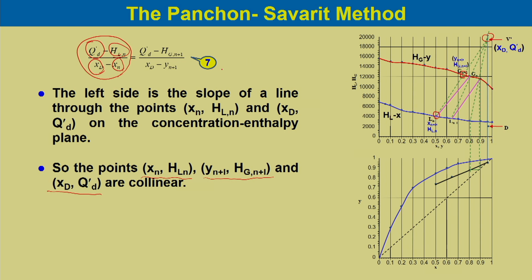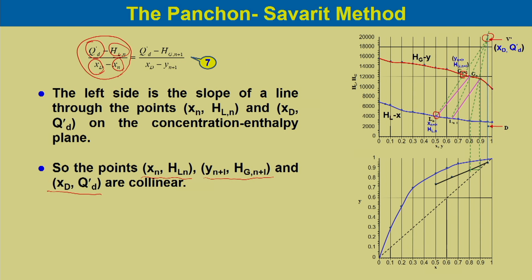because equation 7, which is developed for the rectifying section considering the overall mass balance, species mole balance and the enthalpy balance equation, has a left hand side that represents a slope passing through two different points on the enthalpy concentration diagram: the liquid phase composition at that point and the fictitious point V dash, which is Xd Qd dash.